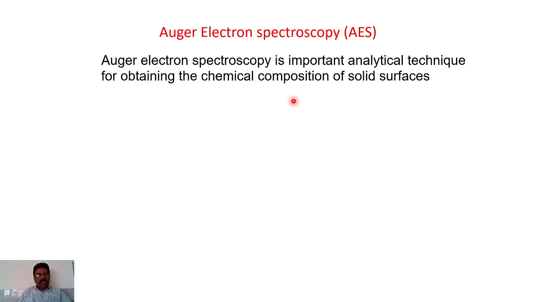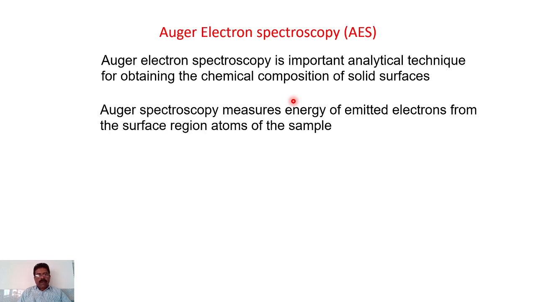You bombard highly energetic electrons, which will produce the Auger electron. You study the energy of the Auger electron, and from the energy possessed by this Auger electron, you can know what type of atoms are present in the given sample. So that is the analytical technique to identify the composition of solid surfaces.